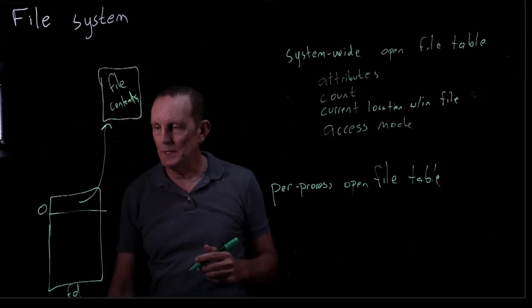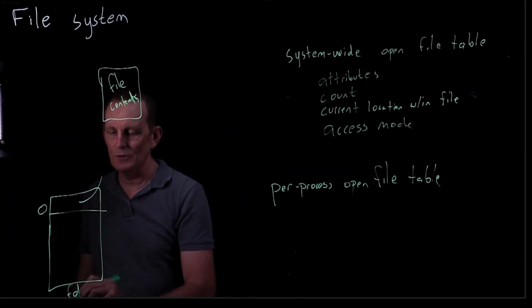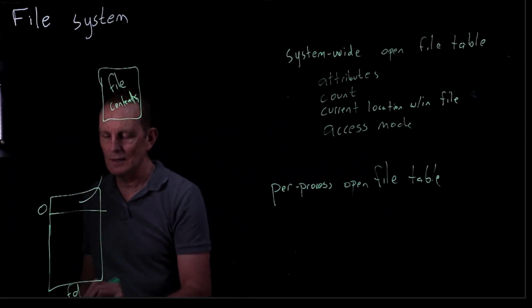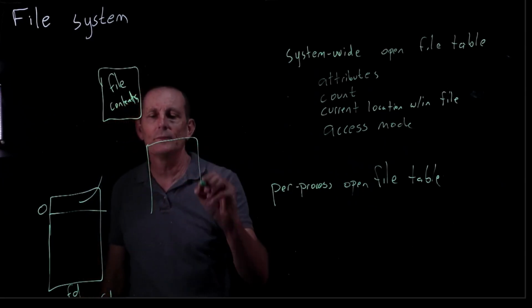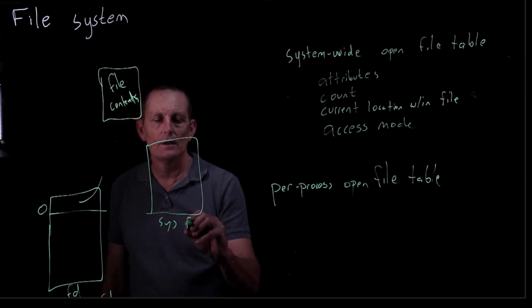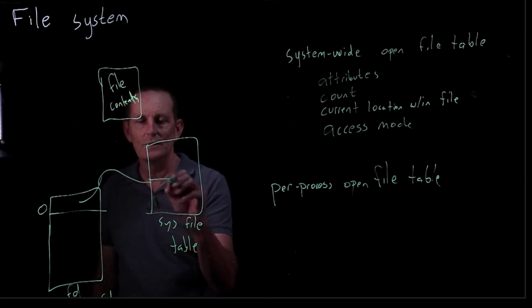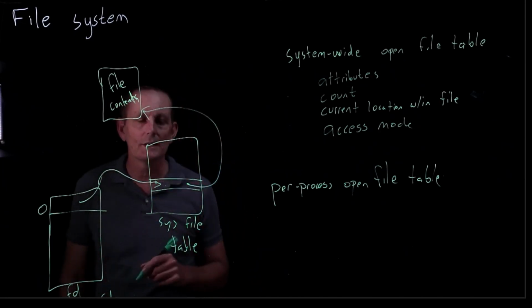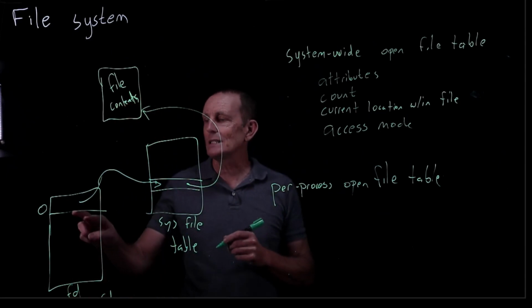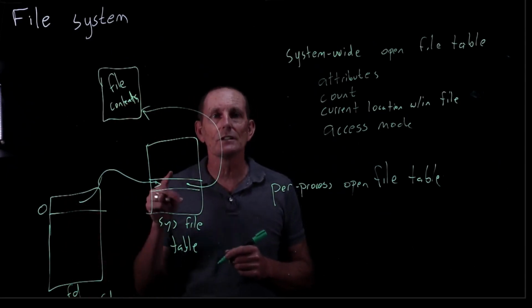And really, this would be the process file descriptor table. And then we'd have a system open file table. So this would actually reference some entry in there, and then this would point to the file contents.